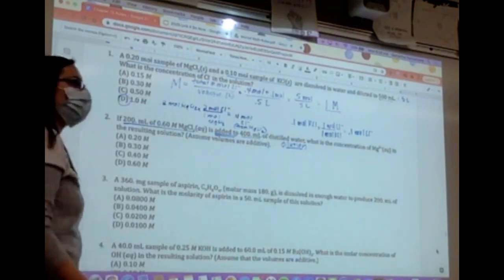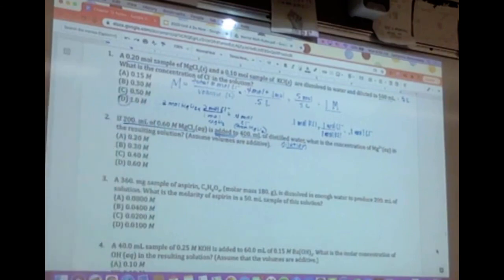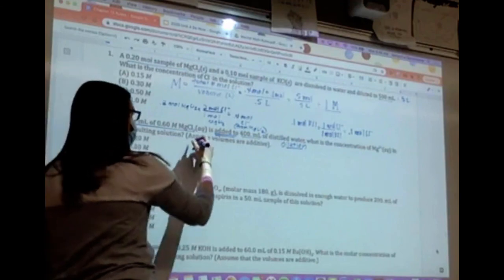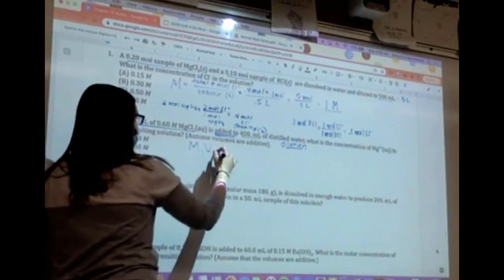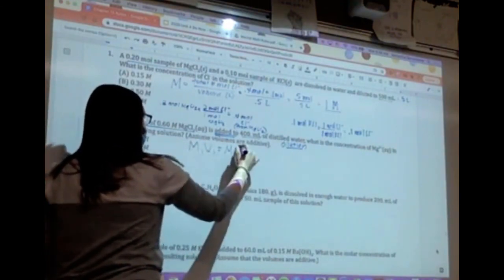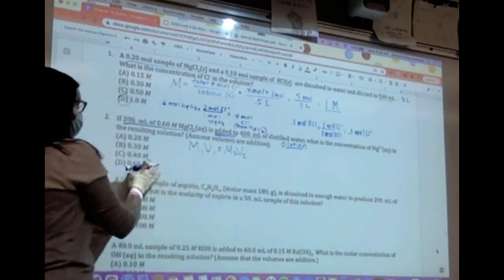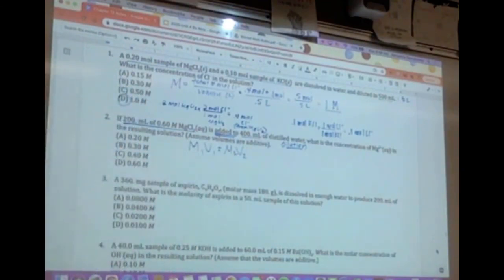The dilution formula is one of the most important formulas that is not on the equation sheet. The dilution formula is M1V1 equals M2V2. So you have molarity and volume of one substance equals molarity and volume of the same substance, just at different concentrations.